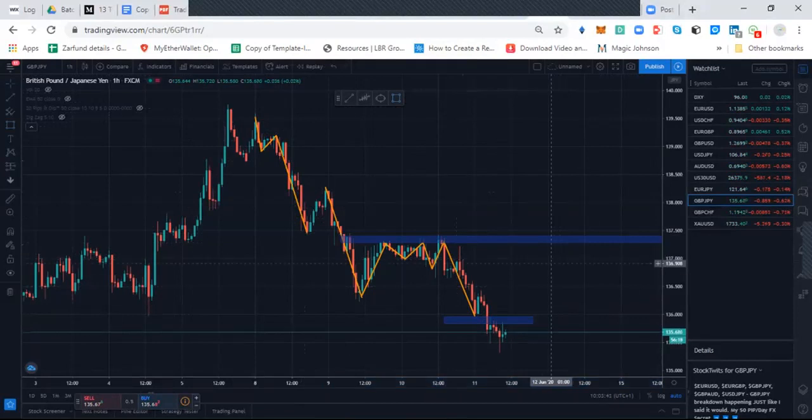All right, so that structure is there. Then we see this pullback, and then we see yet another low happen here.